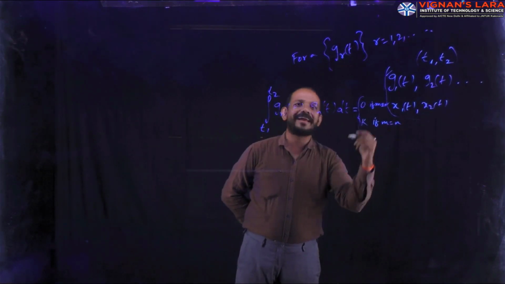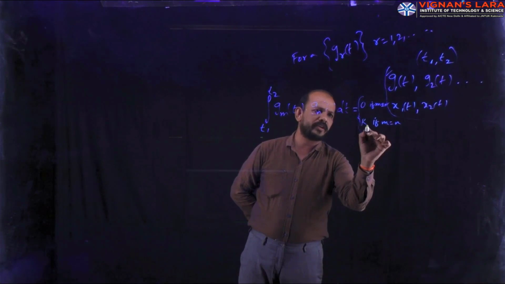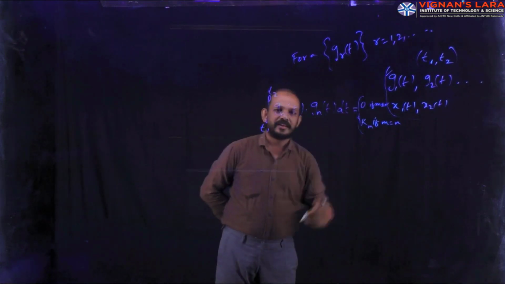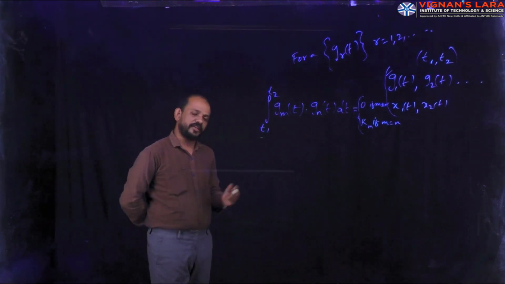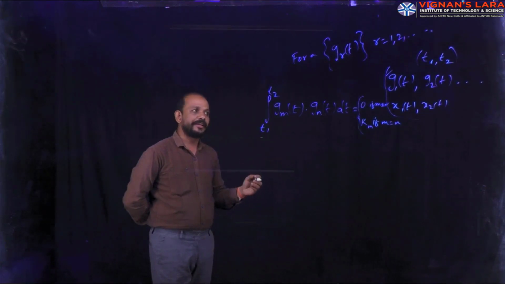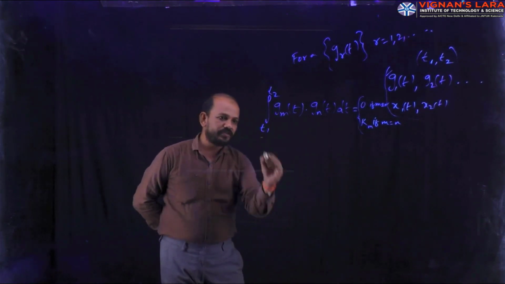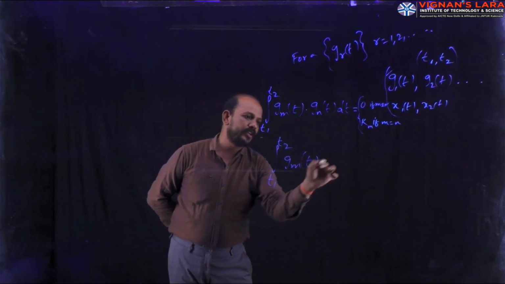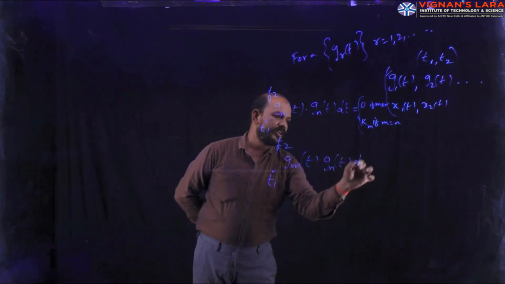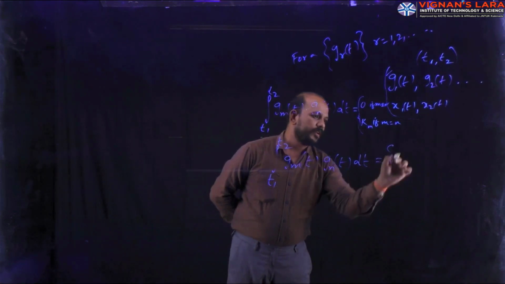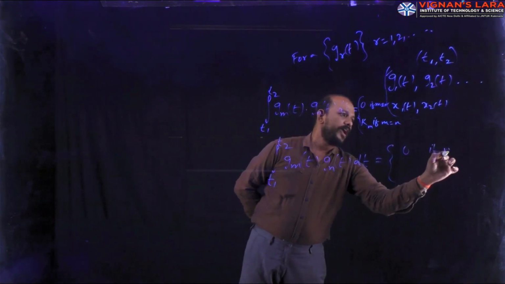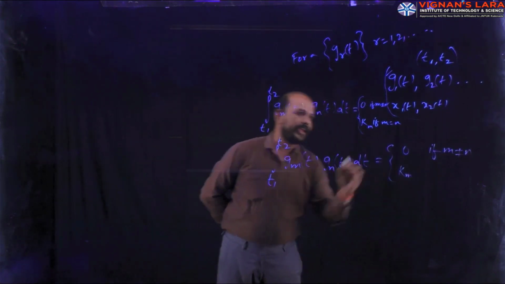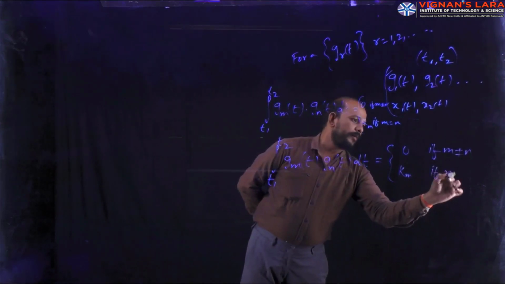Since m equals n, we use the suffix m, km. So for a set gr of t, where r equals 1, 2, 3, and so on, mutually orthogonal over the interval t1 to t2, the integral from t1 to t2 of gm of t into gn of t dt is equal to 0 if m is not equal to n, and equal to km if m equals n.